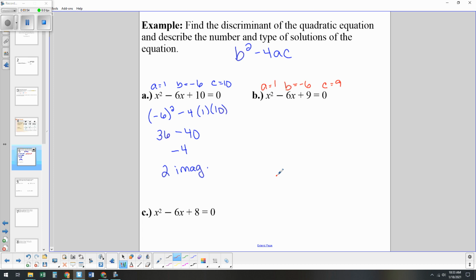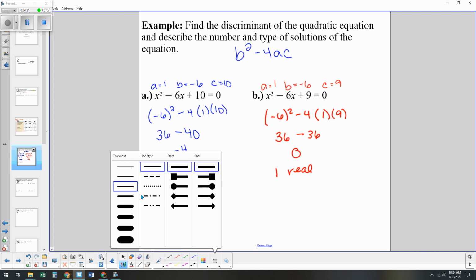So I'm going to have negative 6 squared minus 4 times 1 times 9. So this is 36. Again, only one negative all the way across, so minus 4 times 1 is 4, times 9 is 36. So we have 36 minus 36, which is 0. So 0 means that there's one real solution.